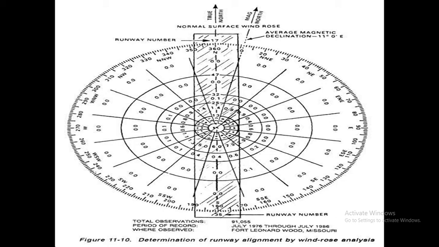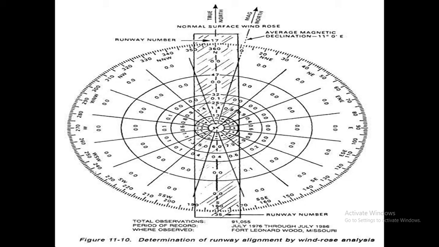This distance is measured with the same scale with which the Windrose diagram is drawn. The permissible crosswind component is nearly 25 km per hour.